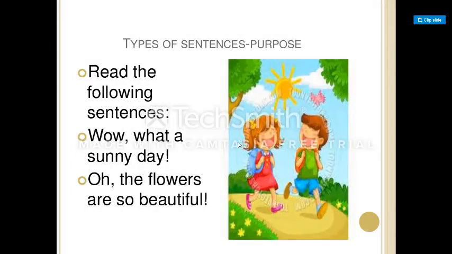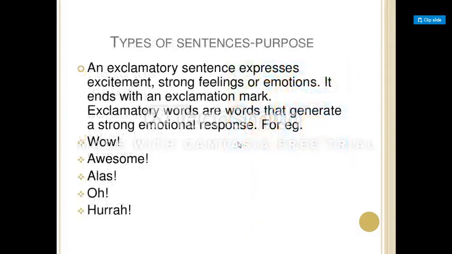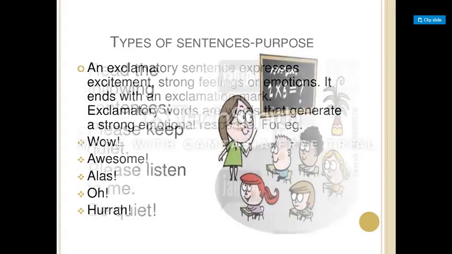And we also talked about exclamatory sentences, what they are, and we looked at different examples of exclamatory sentences.